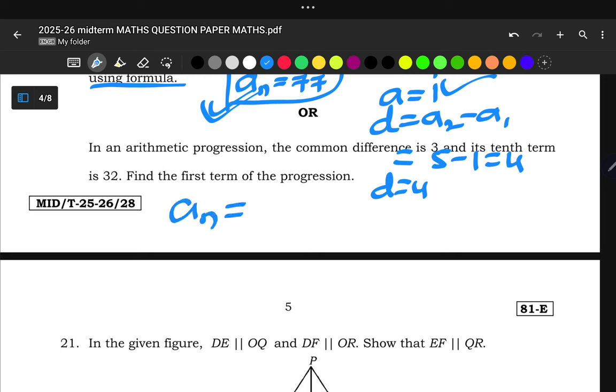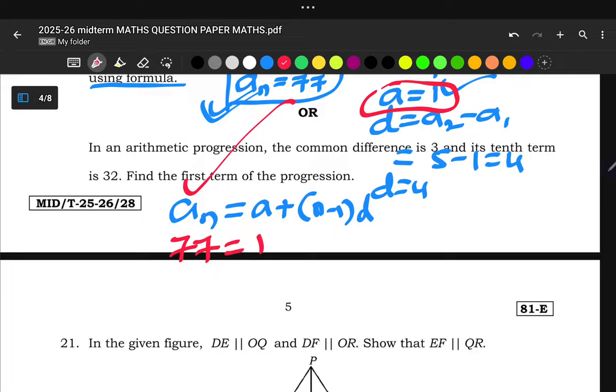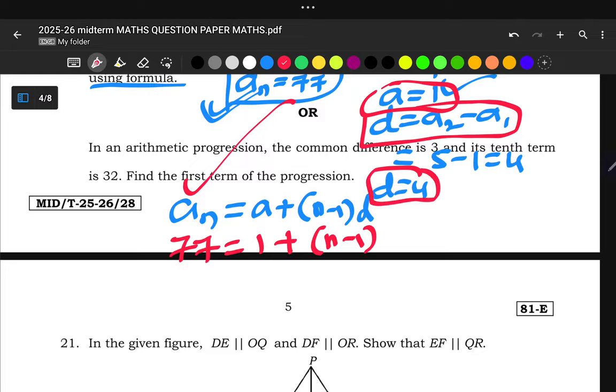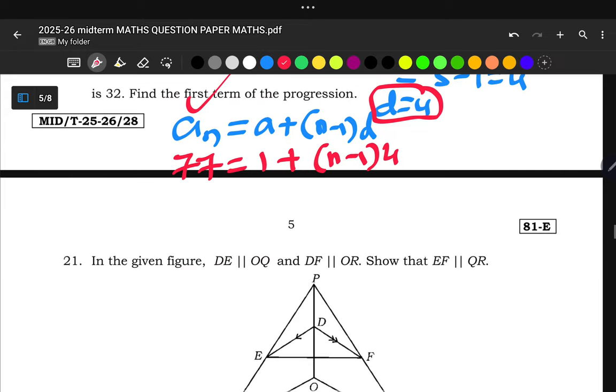So An equal to, what is the formula here? A plus n minus 1 into D is the formula. An given value is 77 is equal to A is 1 plus n minus 1 into, what is the D value here? D value is 4. To find out the value of n, directly you can use the formula: n is equal to what?